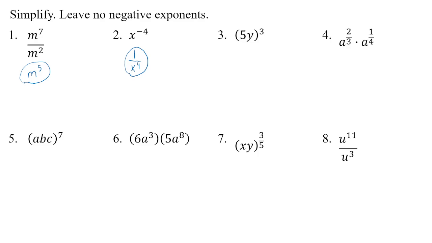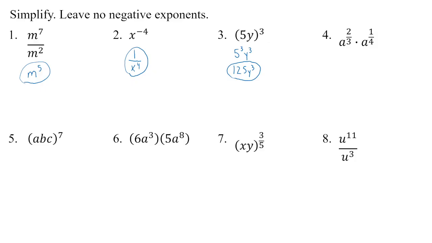That means everything you see in the parentheses, you're going to raise to the 3rd power. Therefore, 5 is raised to the 3rd power, and y is raised to the 3rd power. 5 to the 3rd is 125. Therefore, the solution is 125 y to the 3rd.